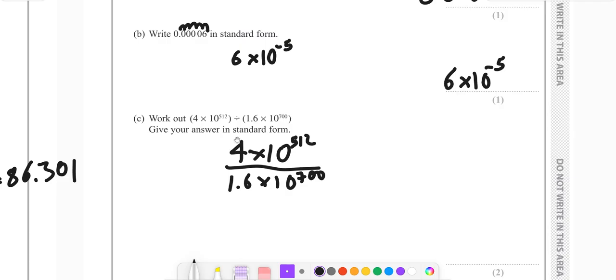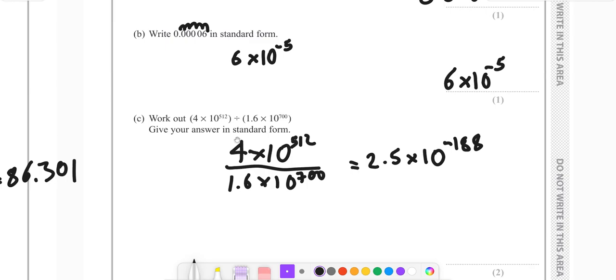So we get 4 divided by 1.6 is 2.5, and then divide the 10s, we're going to subtract the power, so we've got 512 minus 700 is minus 188.